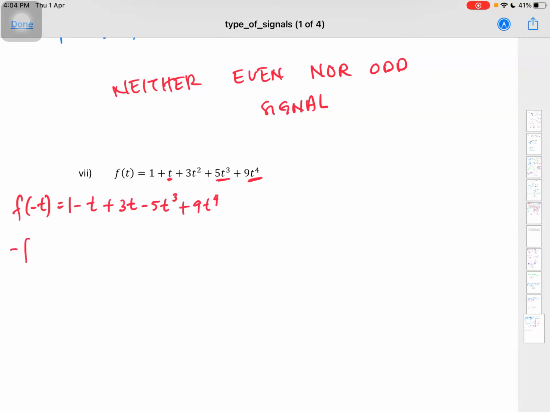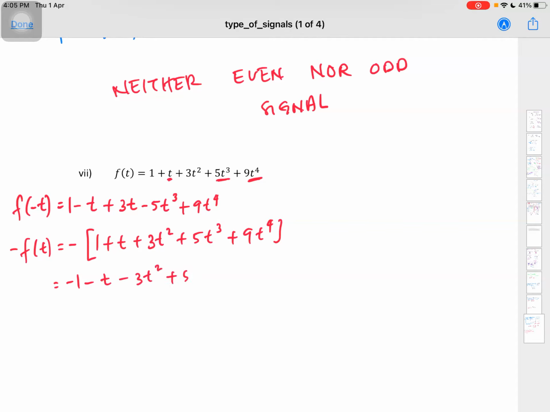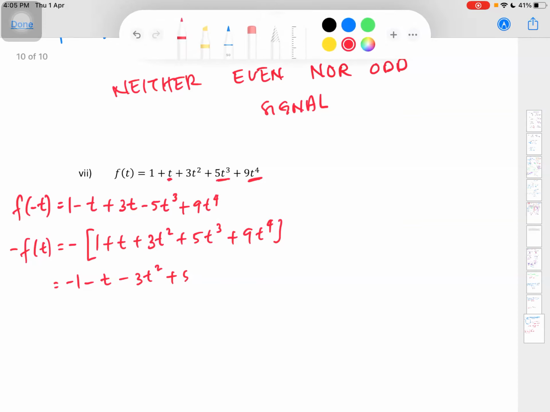And for minus f of t, it means minus 1 plus t plus 3t squared plus 5t cubed plus 9t to the power of 4. Okay, so everything with minus, we will get minus 1 minus t minus 3t squared minus 5t cubed minus 9t to the power of 4.